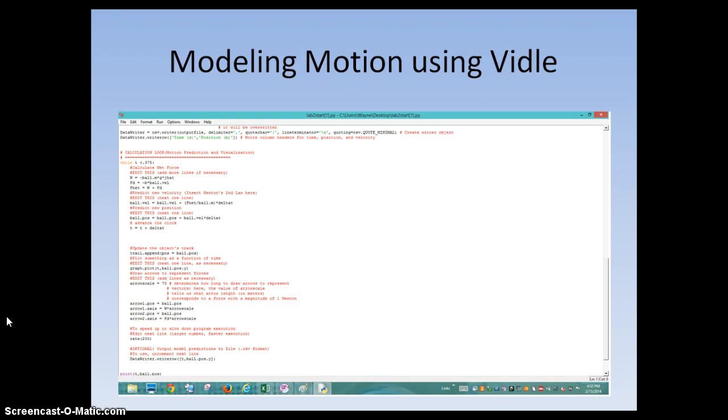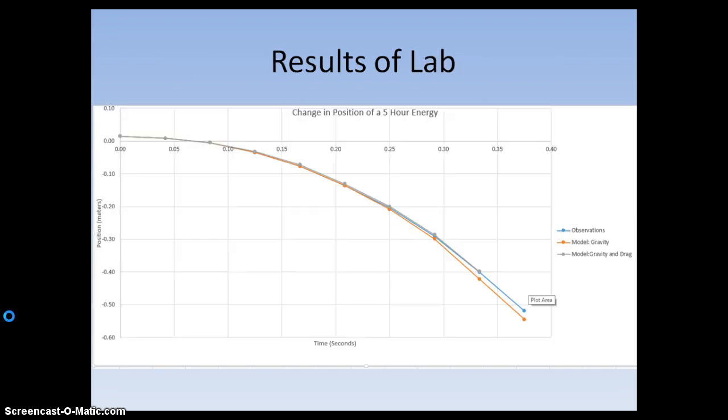So when modeling using VIDLE, I first modeled my object without drag force. As we can see from this chart, without drag force, the estimations are going to be much higher than the actual observations.